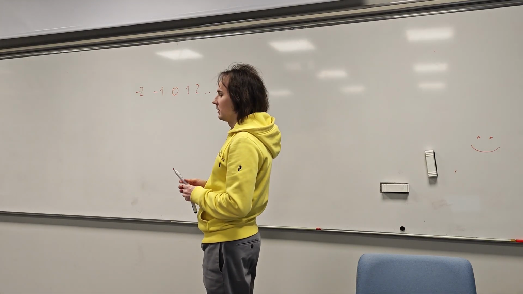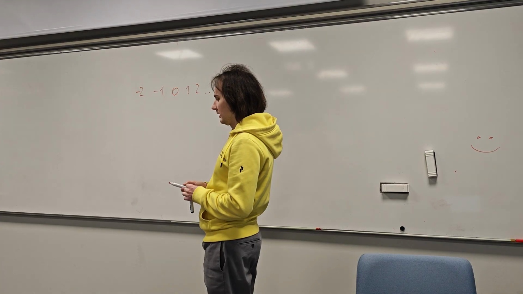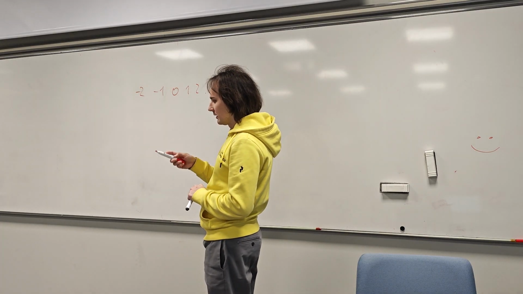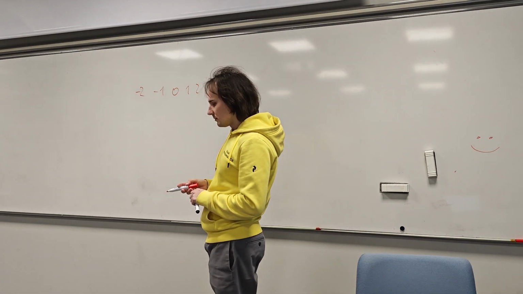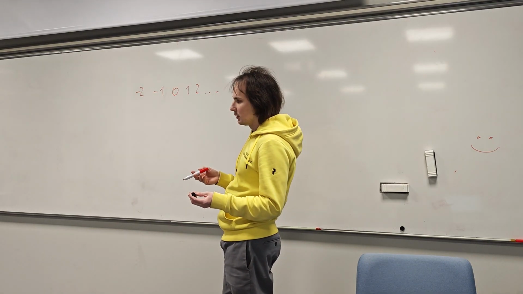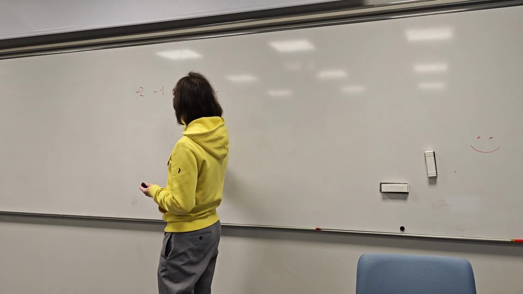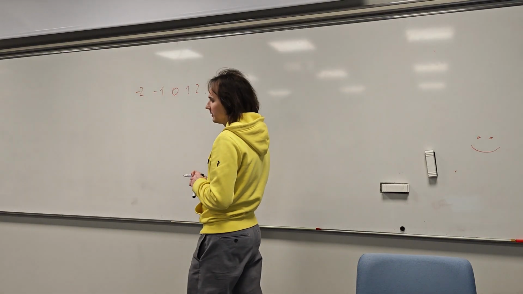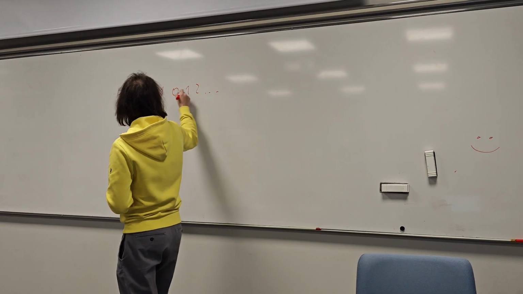Actually, any number can be written as a complex number, but with a complex or imaginary part equal to 0. These real numbers actually lie on the so-called real axis.